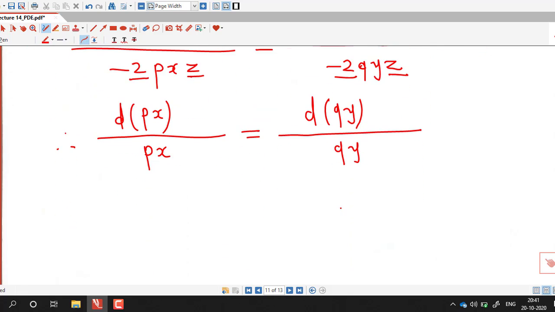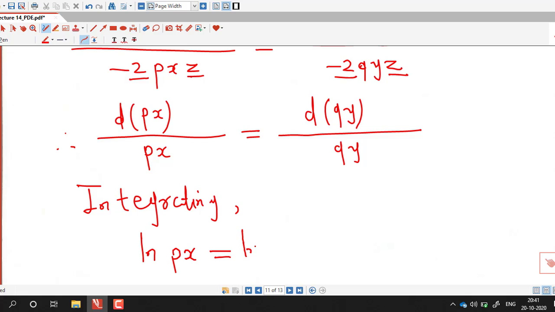So now we can integrate directly to obtain the relationship between p and q. So integrating, we have log px equal to log qy plus log a.